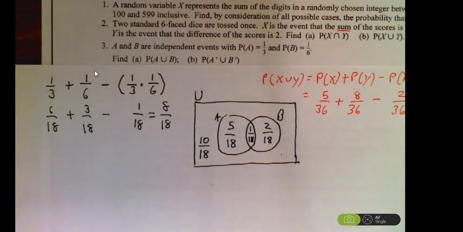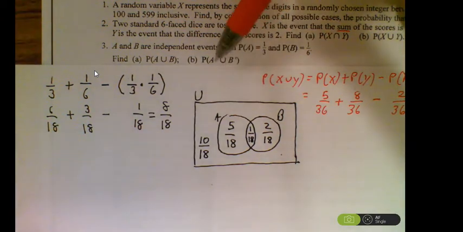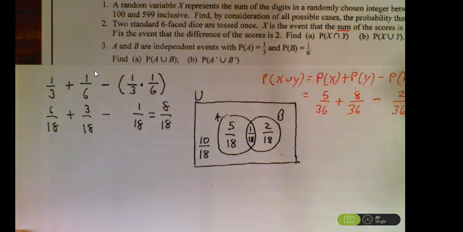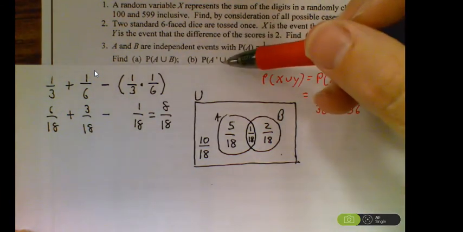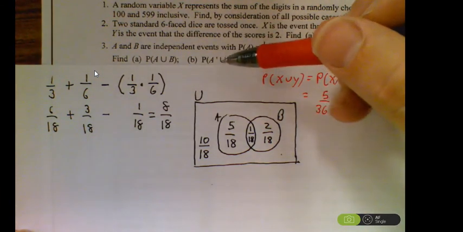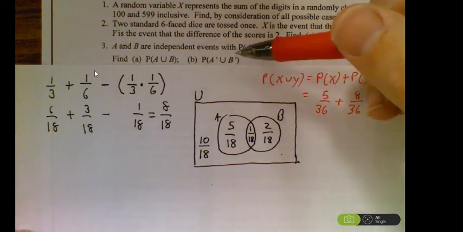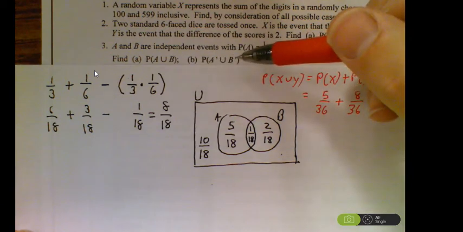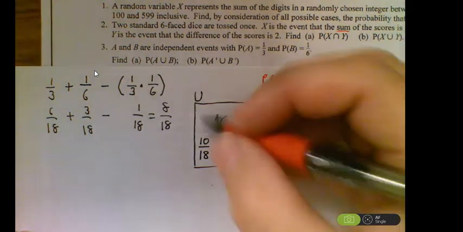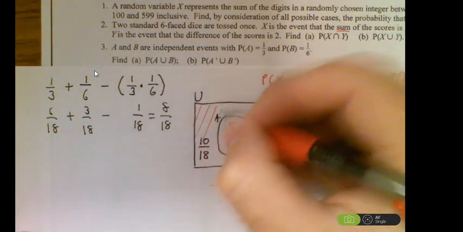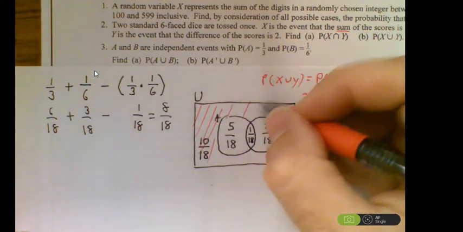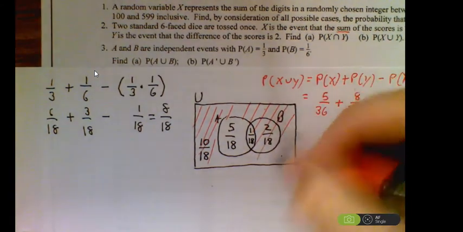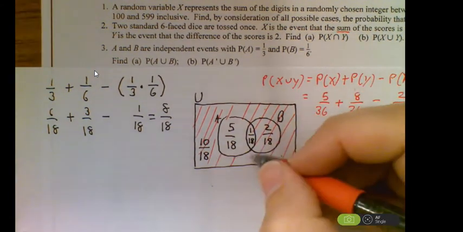But now look, if we consider this idea, where are the areas that are not in A or not in B? So if we were to shade that, remember in an OR case, you shade everything that's true about either one. So if I were to shade everything that is not A, that would be all of this space here.